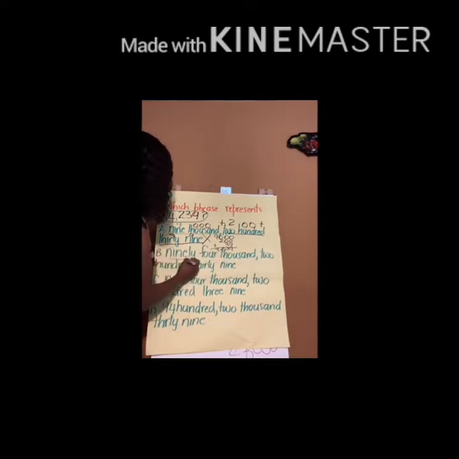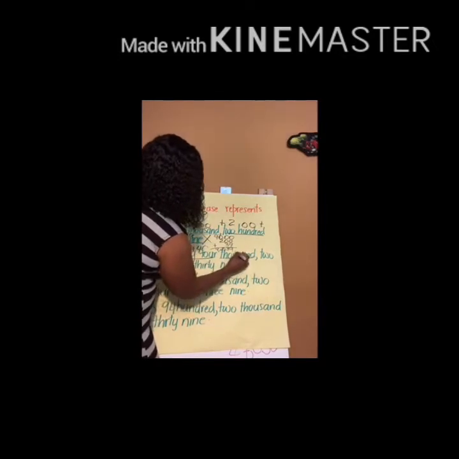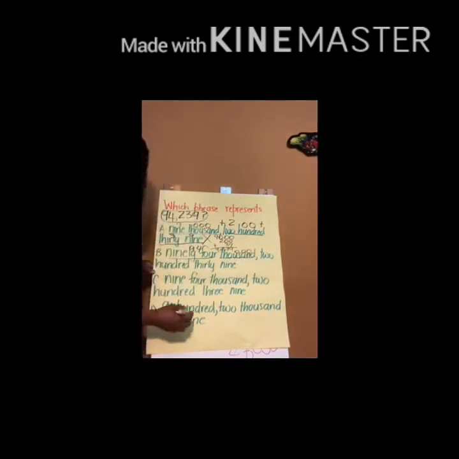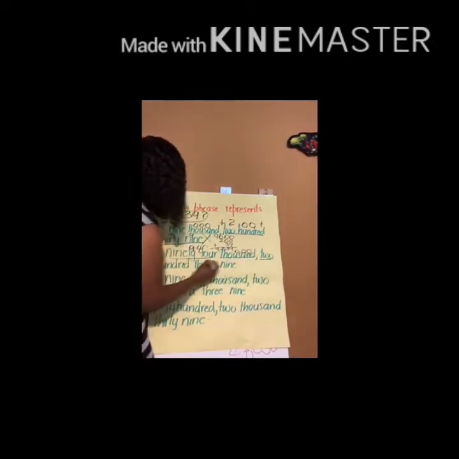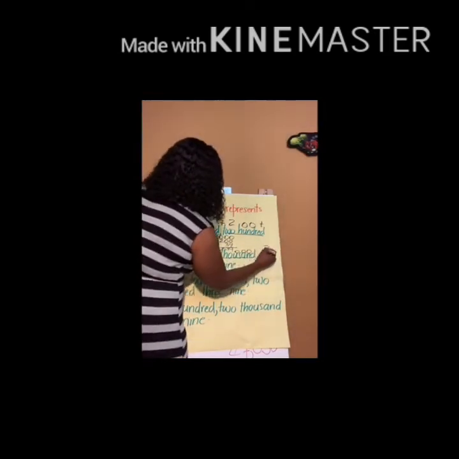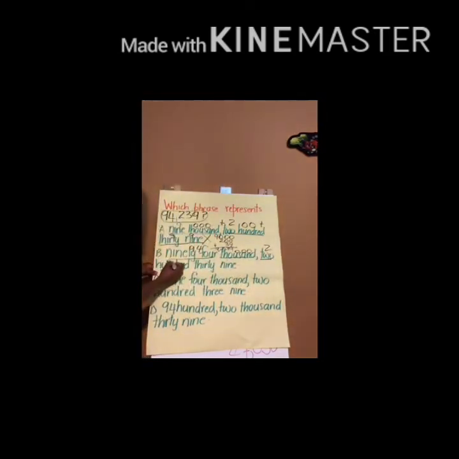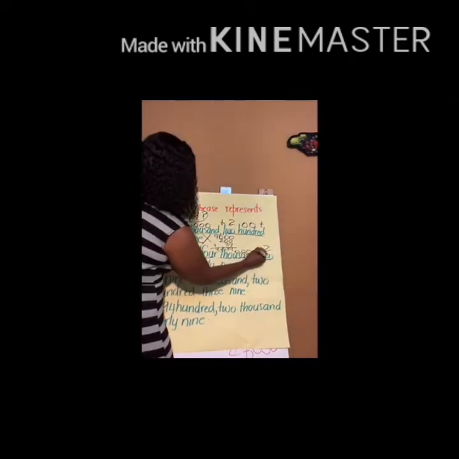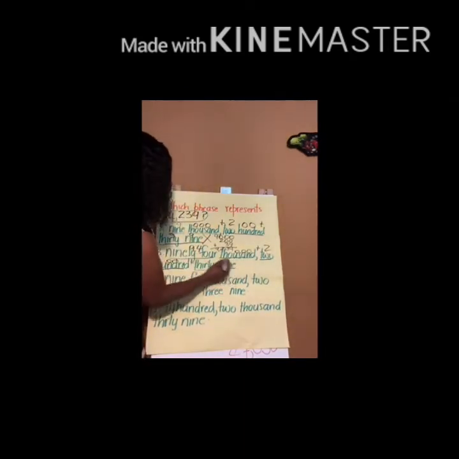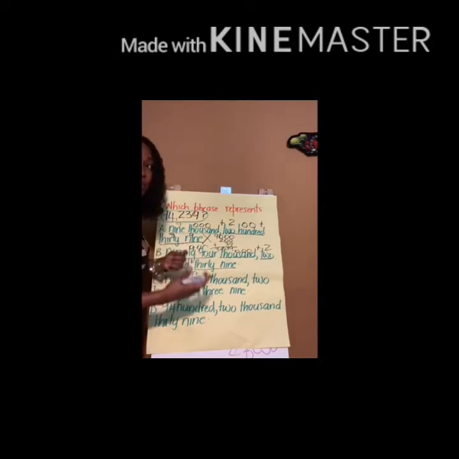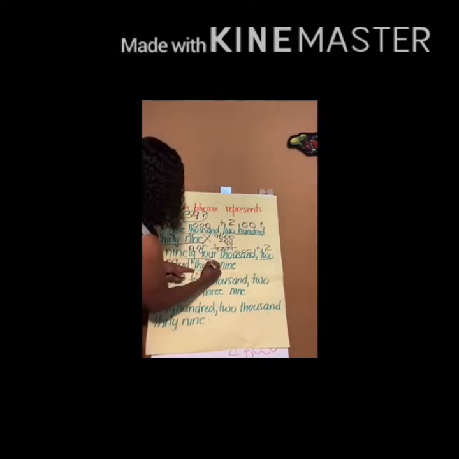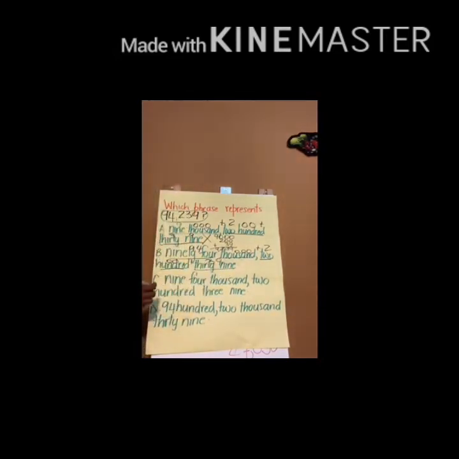94,000. So I can write my 94,000 is 1, 2, 3 zeros, and then 200. So I'm putting my 2 there and my 100 plus, put my plus sign, 39. Again, I could write 30 plus 9, but I'm writing 39. Same thing.